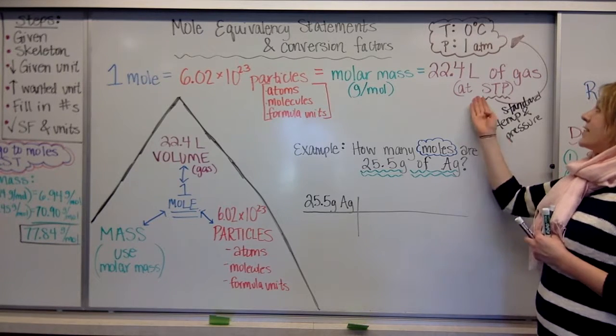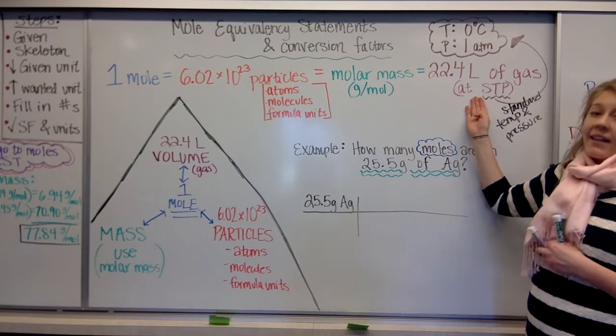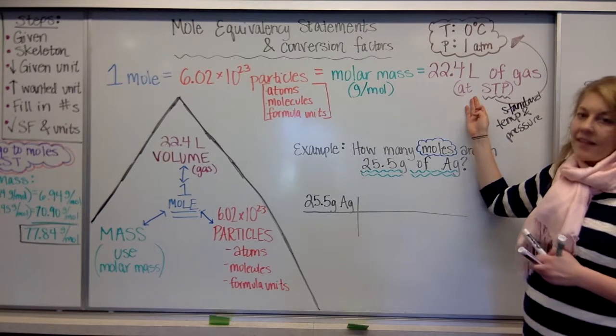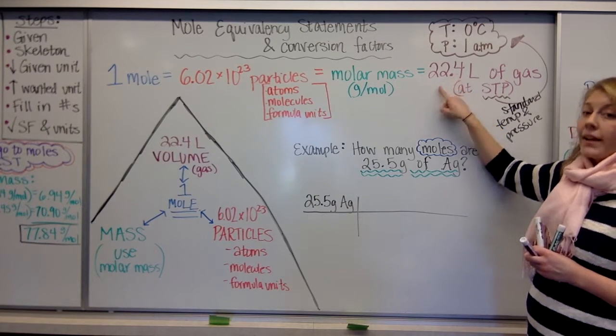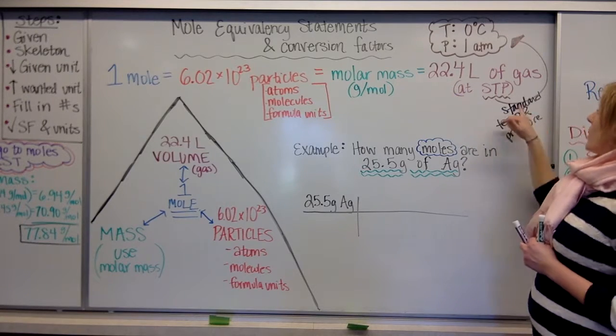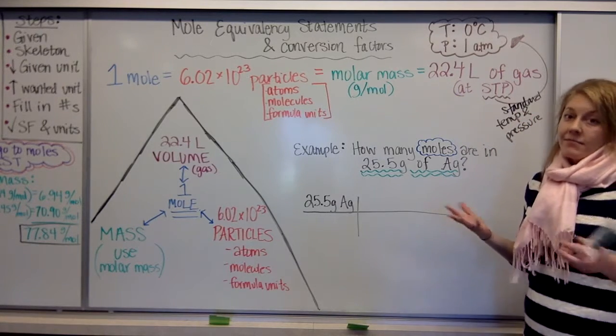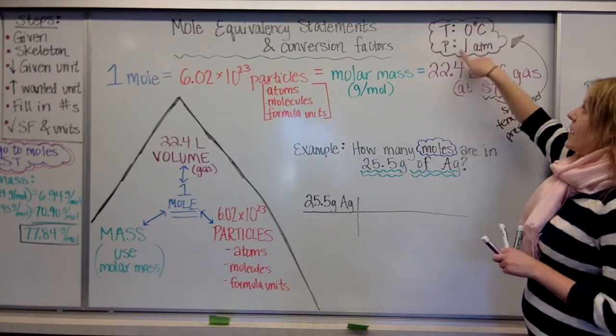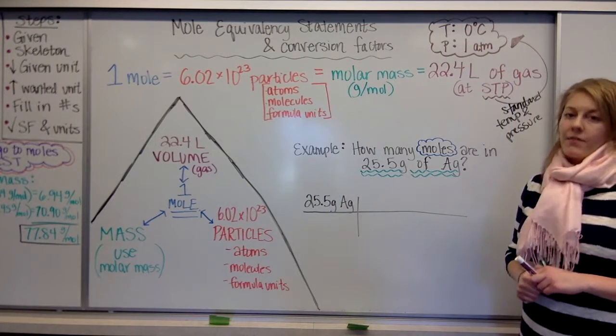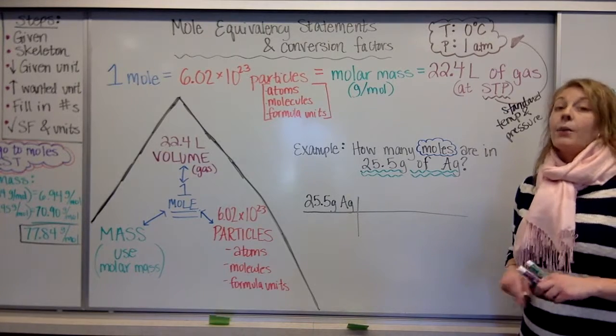What's important is that this is only true if a gas is at STP. If it does not say that the gas is at STP, then the volume is not 22.4 liters. What our standard temperature and pressure is, just to give you an idea, is a temperature of 0 degrees Celsius and a pressure of 1 atmosphere. We'll see that in a couple units.